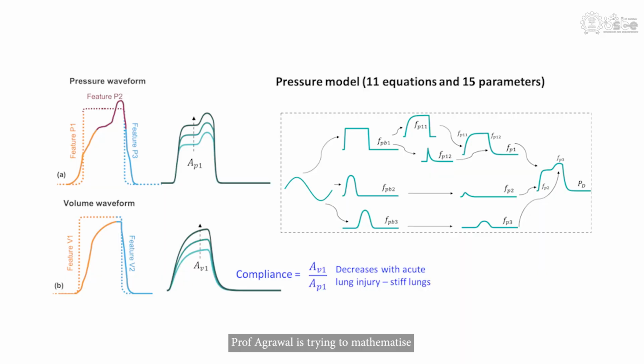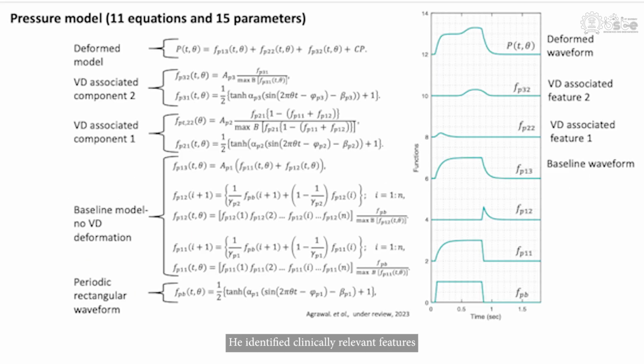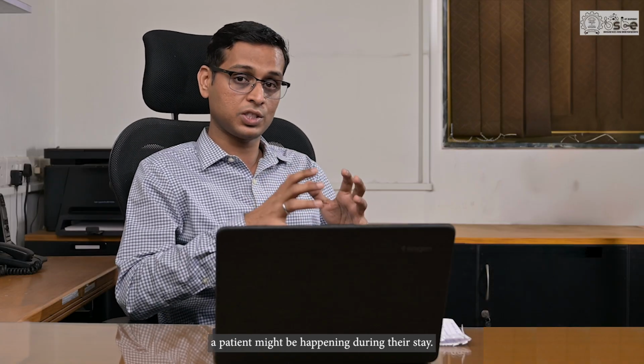Professor Agarwal is trying to mathematize the knowledge that the clinicians have so that specific features in the waveform can be used to understand the patient state. He identified clinically relevant features of the ventilator waveforms and built a mathematical formulation to represent the waveform signals of individual breaths. There may be 10 or 15 different kinds of breath a patient might have during their stay.